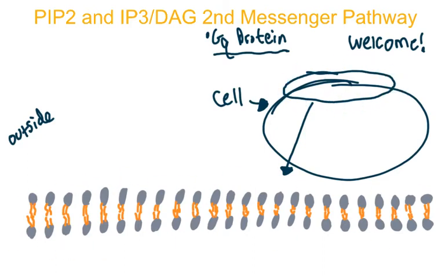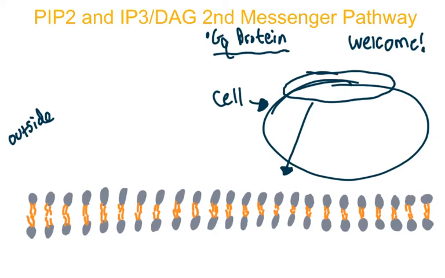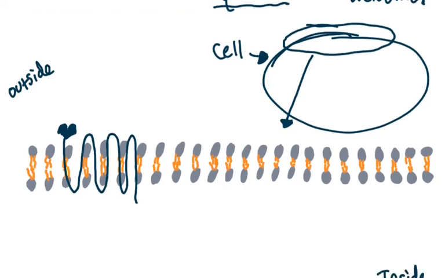So let's get started. The first thing we have to talk about is our G protein coupled receptor again. Let's say we have a G protein coupled receptor here. Let's draw it again like we did in the previous video. Let's draw a receptor and finish it, and then we're going to have our ending here.